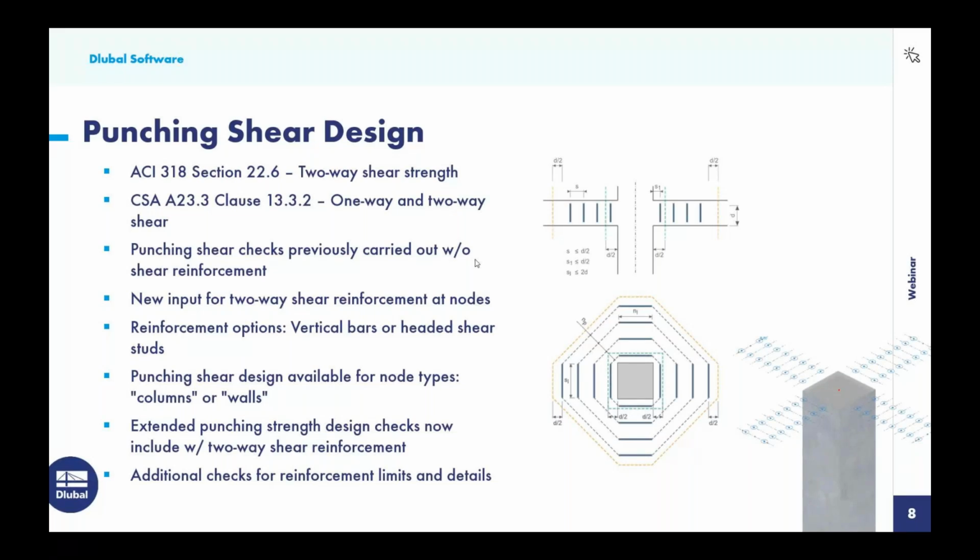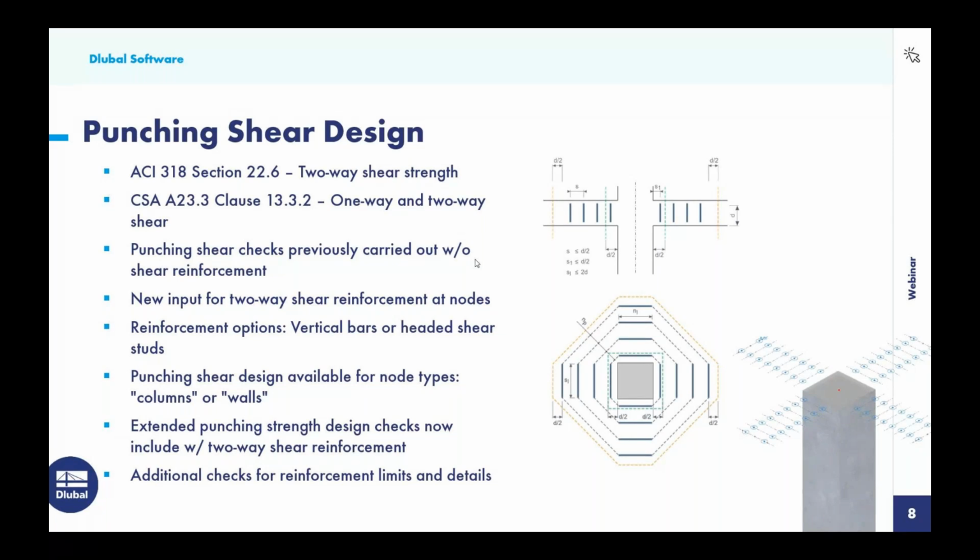The reinforcement options do include vertical bars or stirrups, but we also have the headed shear studs, and we'll continue to add more options within the reinforcement dropdown that we'll see in just a minute in our example. The punching shear design is carried out for columns that frame directly into our surface or walls.